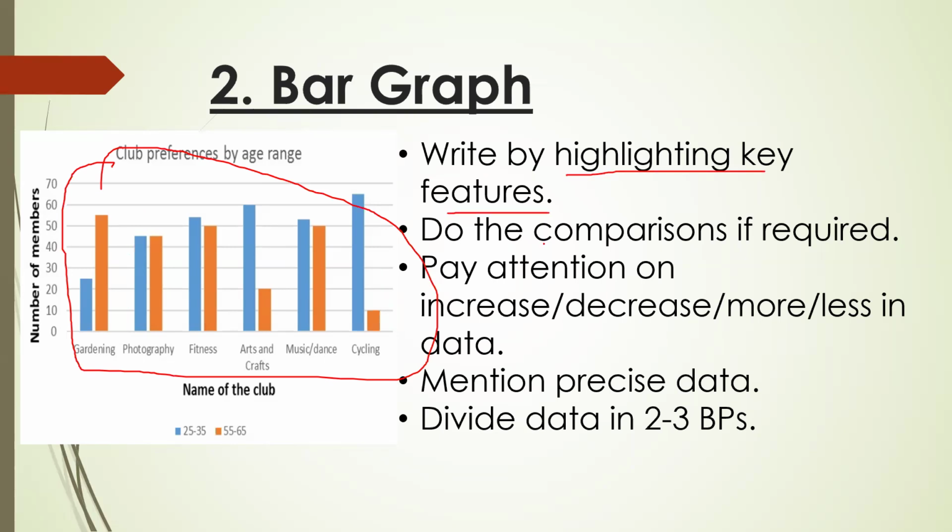You can do comparisons with the bars. Like there are two types of bars you can see in the picture, that the blue bars are showing 20 to 35 years, right? So this is club preferences by age group. So the age group 20 to 35 is in blue bars, and 55 to 65 is shown in orange bars, right?